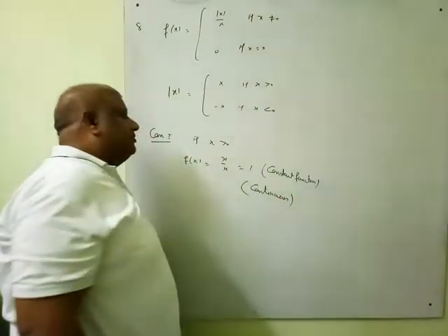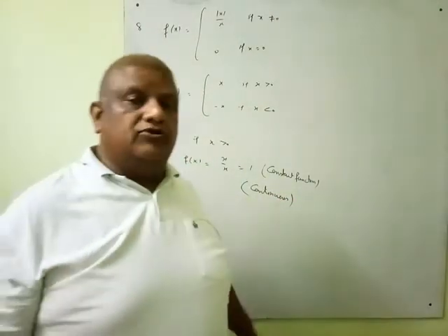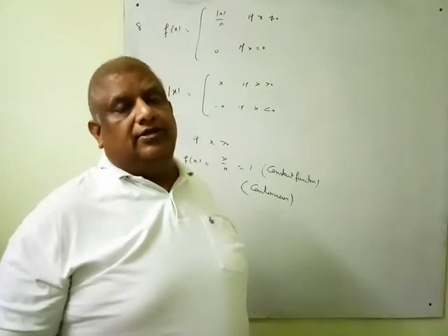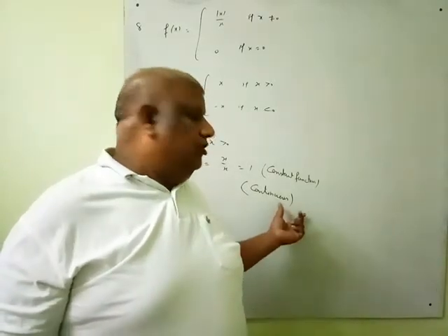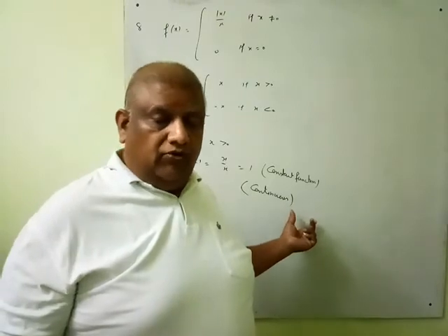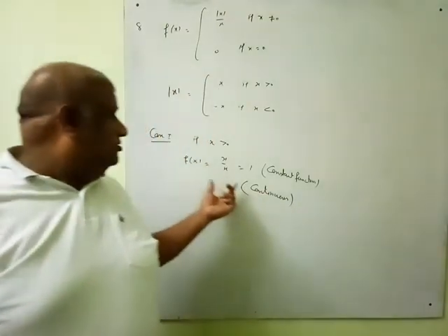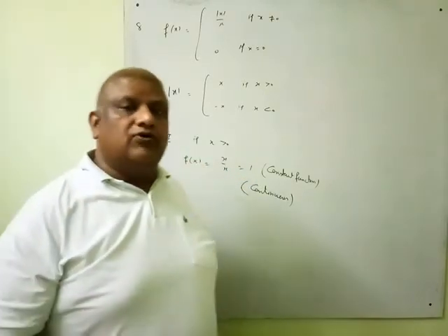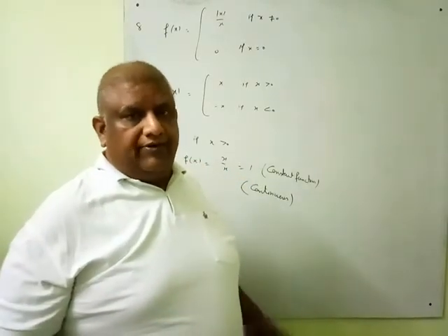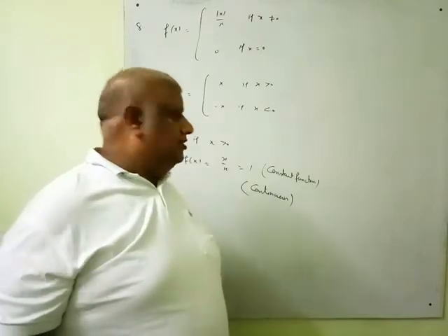We cannot check at individual points because we have infinite number of points greater than 0. So we have to use the theorem, because when x is greater than 0, the function is 1, and 1 is a constant function. We know that every constant function is continuous.